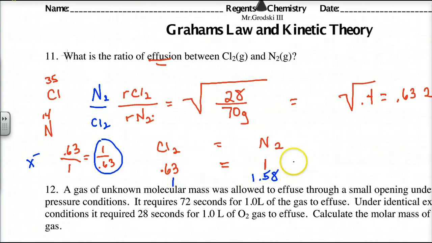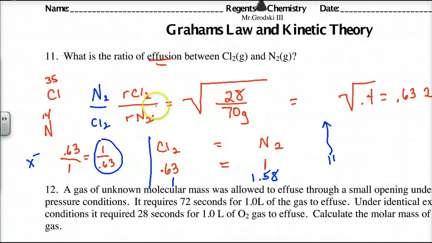Okay, both of these say the same thing. If you look at the way that we just did it, chlorine escapes out of an opening slower than N2, 0.63 times that of N2. Or nitrogen escapes 1.58 times faster. Some people like that. They don't like less than 1, but they say the same thing. So when you do this problem, the math is simple. What does it mean?